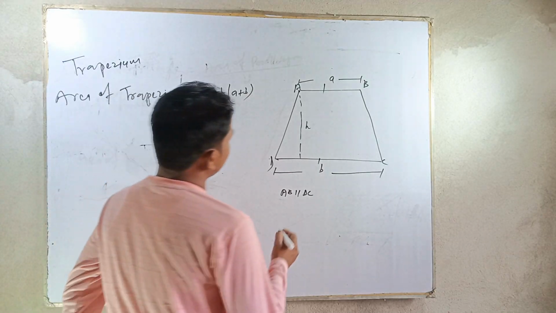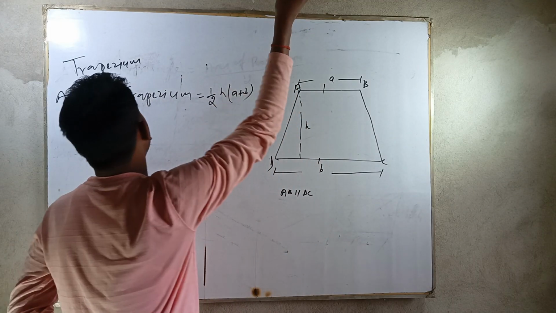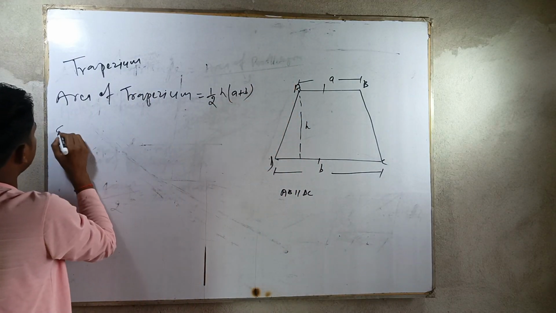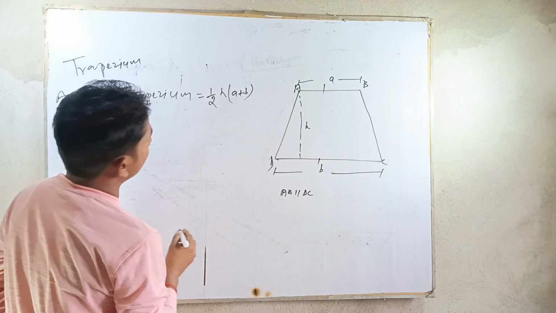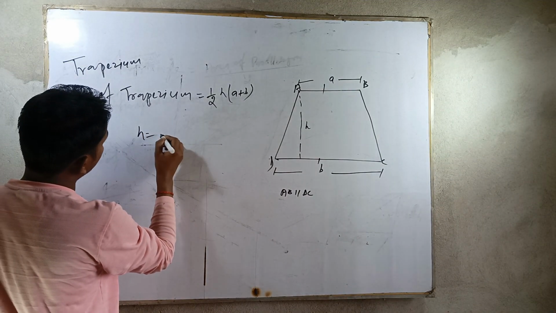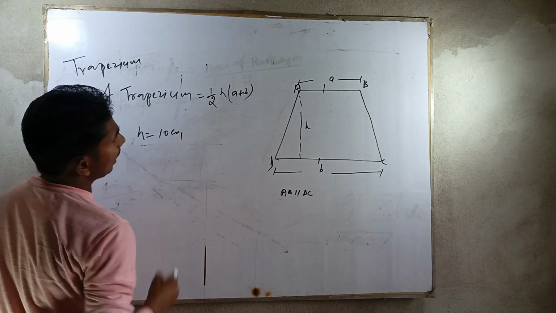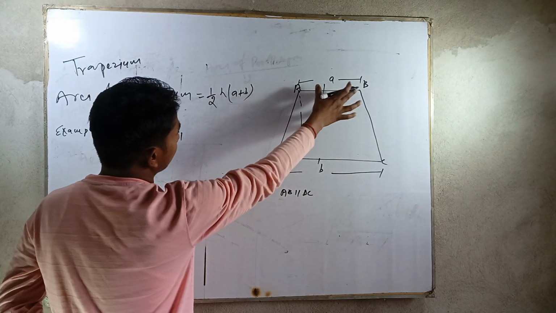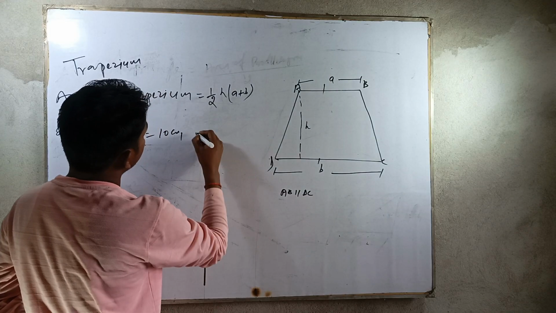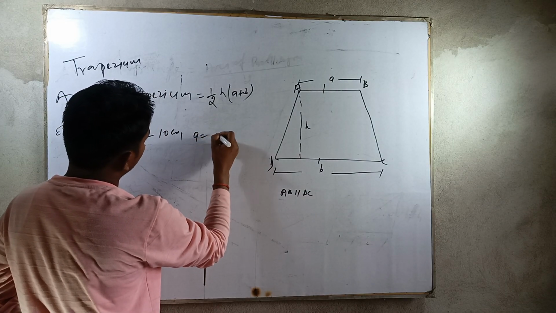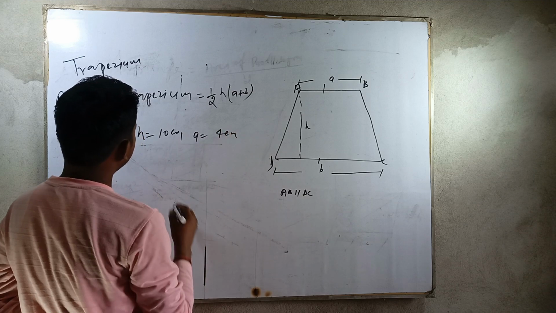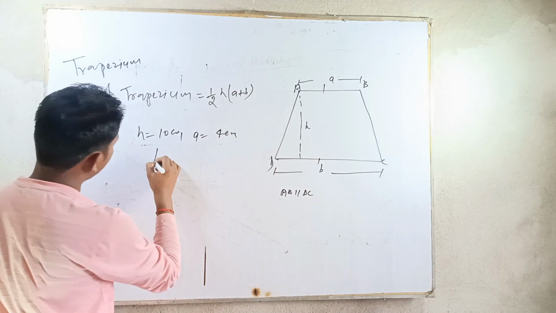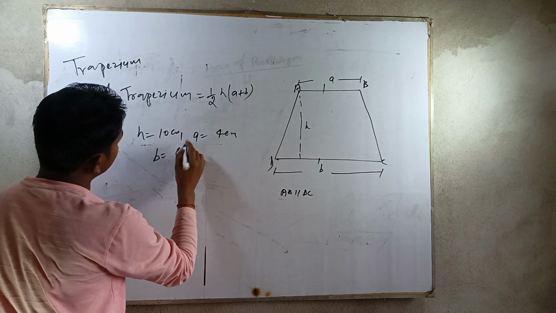Suppose, as an example, h is given as 10 centimeter, a is given as 4 centimeter, and b equal to 8 centimeter.